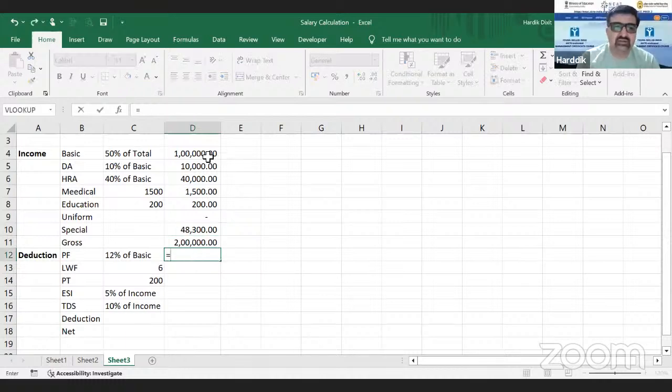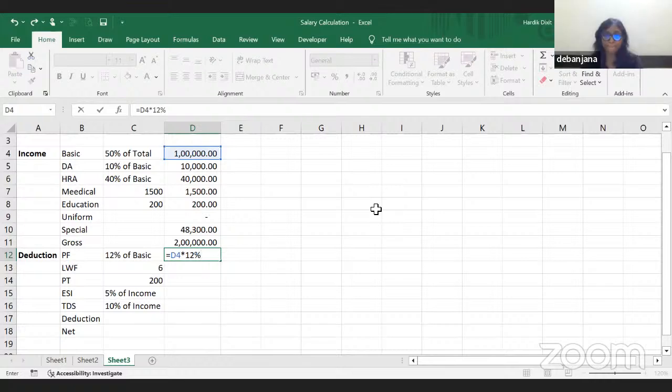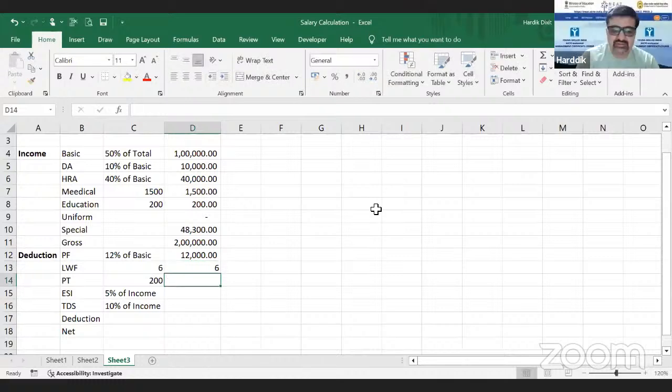Now deduction again. So deduction is इसका 12%. कितना होगा? 12,000. Perfect. This is 6 fixed.